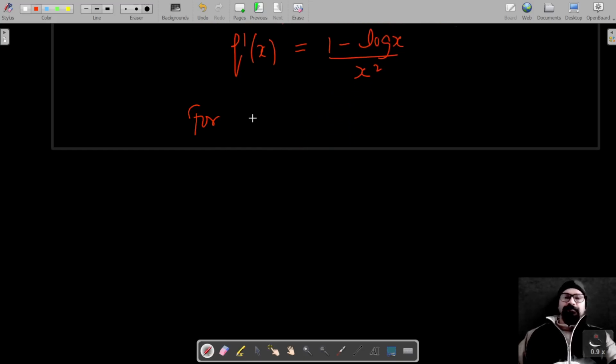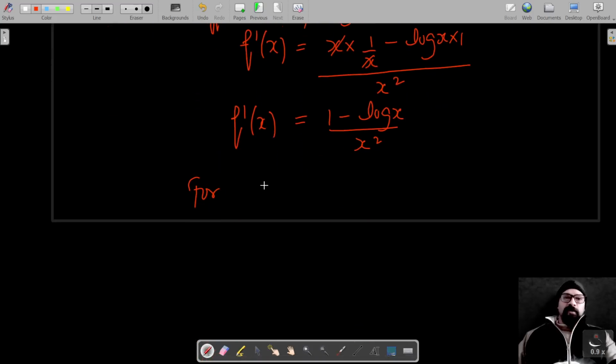For maxima or minima, or for the increasing or decreasing function, f dash x should be equal to 0, giving the critical value. Let's find out the critical value of x.